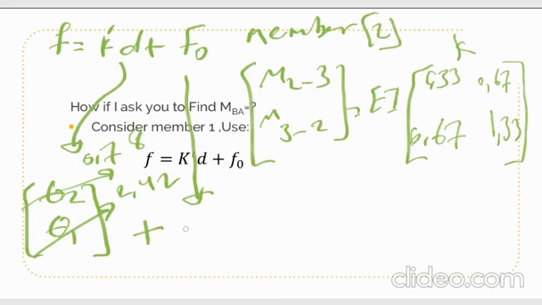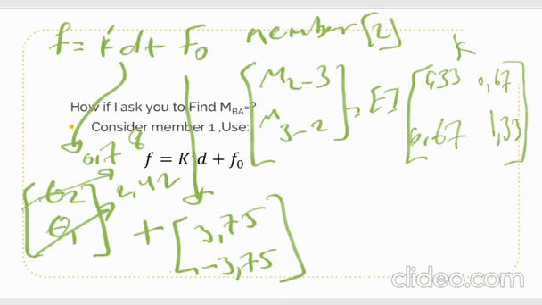F naught, that we found before in the second step after the global system. Here 3.75, and the second one minus 3.75.